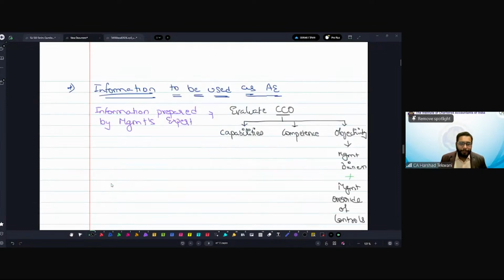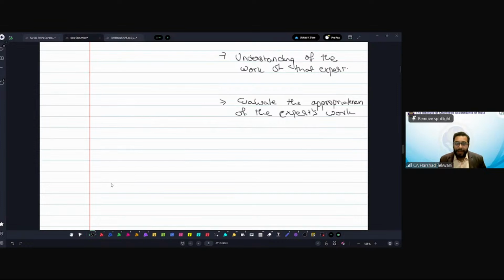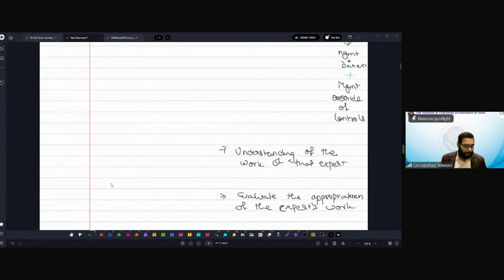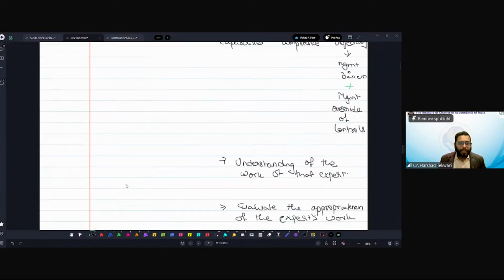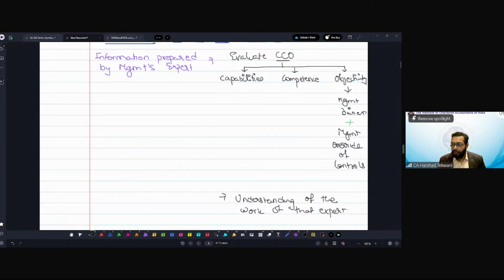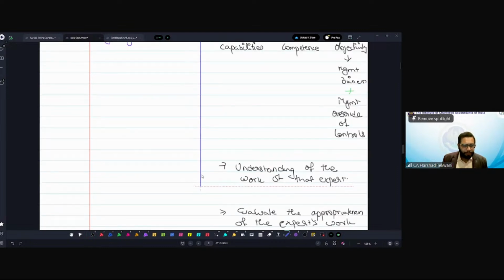Now, sometimes management or management's expert use something known as an IPE. That is information produced by the entity. So to perform the work, sometimes they refer to IPE.